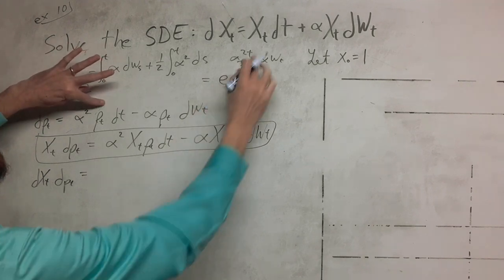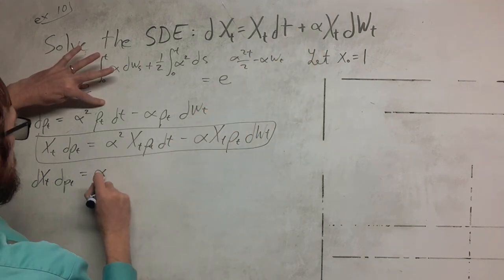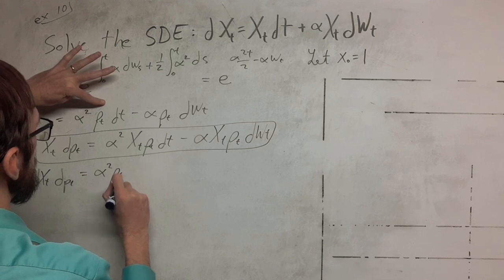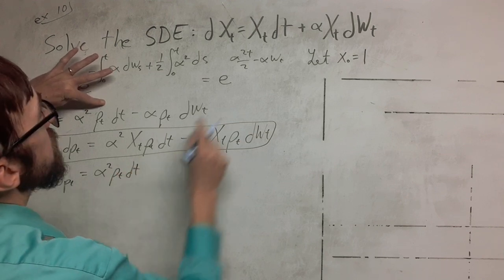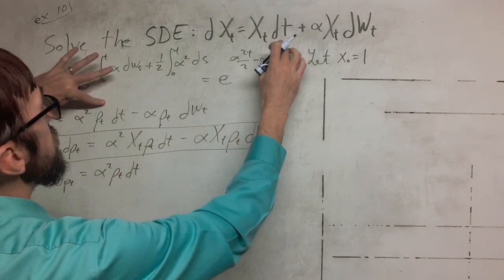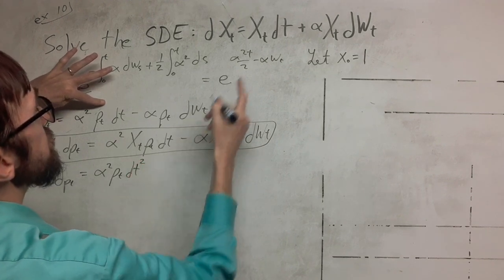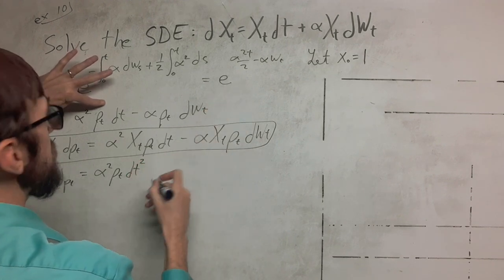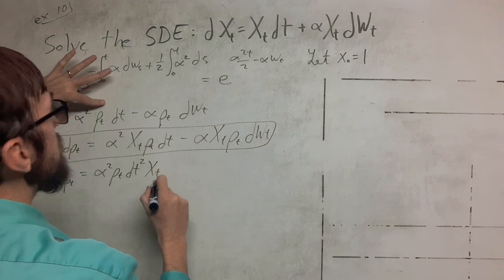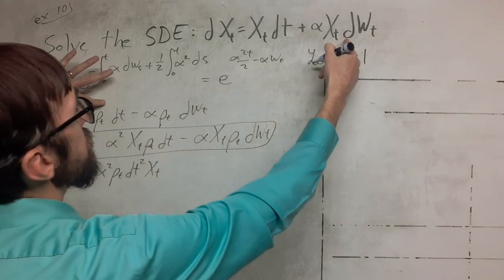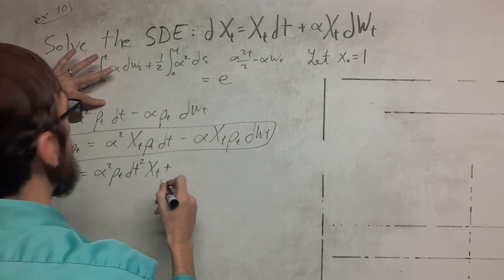So this very first term times this, and we're going to have two of these dt, so that's dt squared, and that's going to be a special term here. And then this very first term times this as well, so we're going to add that in here.